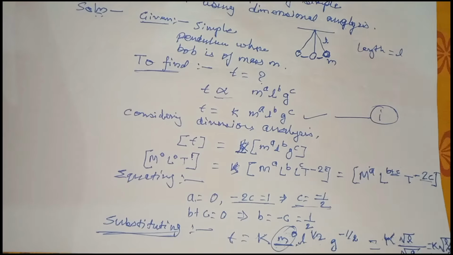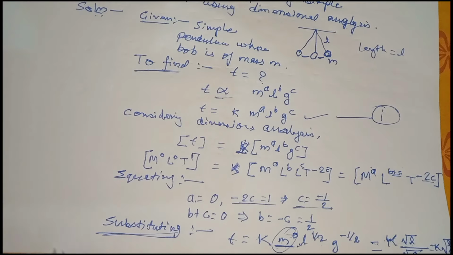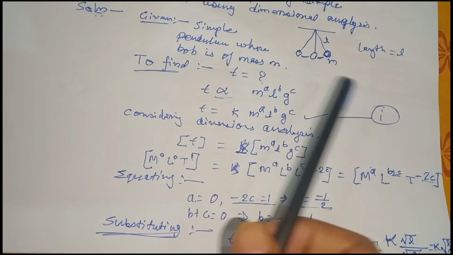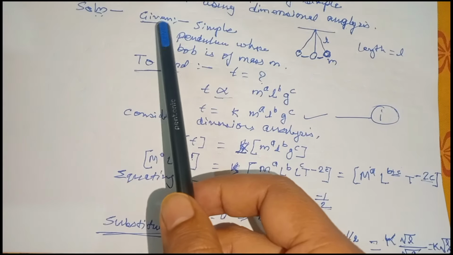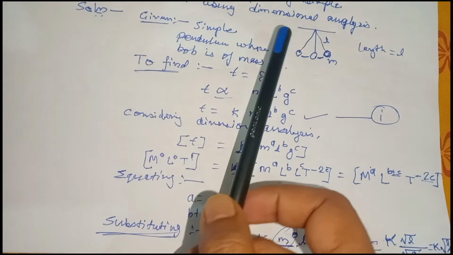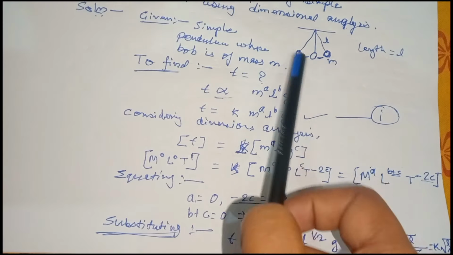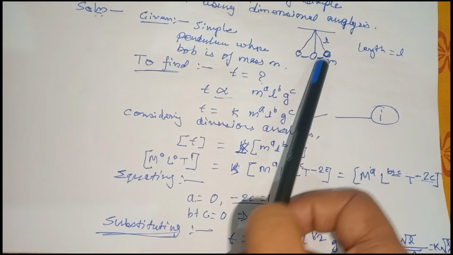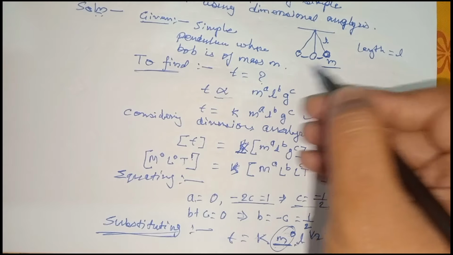So here we see we can derive any formula using dimensional analysis. What are the steps we followed? At first we wrote the given items. In this case a simple pendulum was given. We took the mass m.